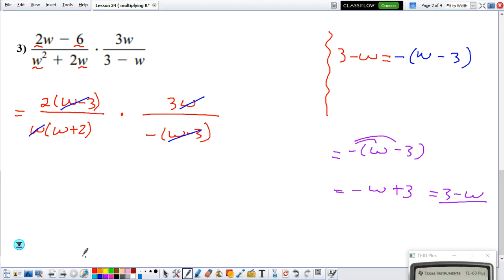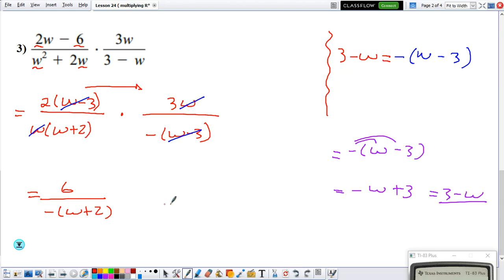And that will make our answer in a more simplified way. So nothing else cancels out, so now we multiply like if it was a regular fraction, top times top. So 2 times 3, so that's 6. Denominator, w plus 2 times negative, so that becomes negative w plus 2.